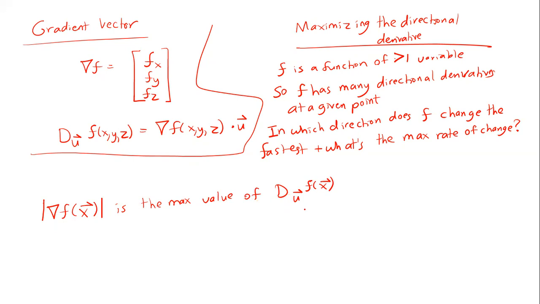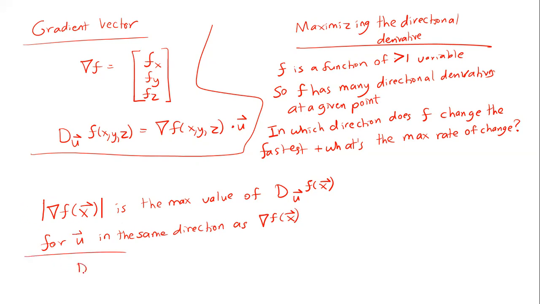So the maximum value of any directional derivative we can have is this, and this u right now is undefined. I didn't say yet which direction that is, but it is for the u in the same direction as the gradient del f of x. You might ask, where's that from? How do you know that?